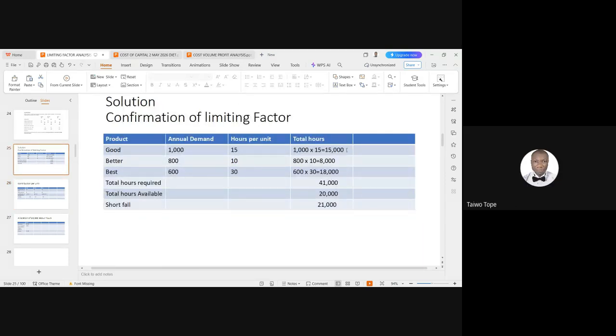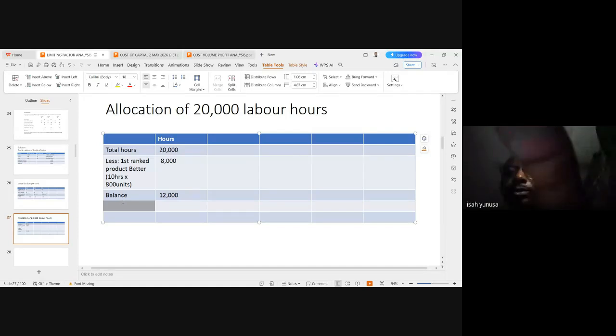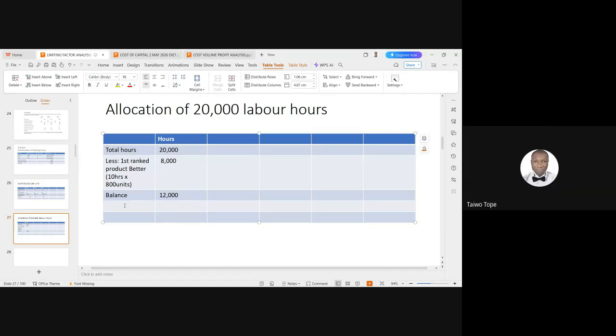Do we have 15,000 hours? No. What are we going to do? We make use of the 12,000 hours, less the second rank product.